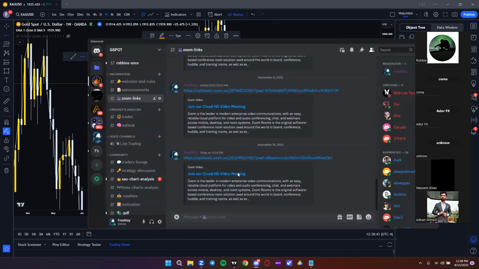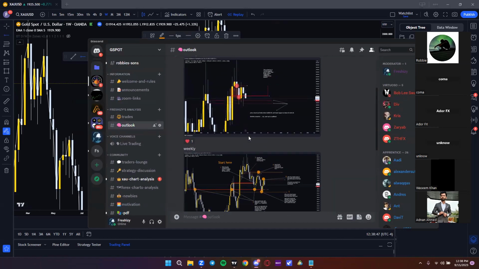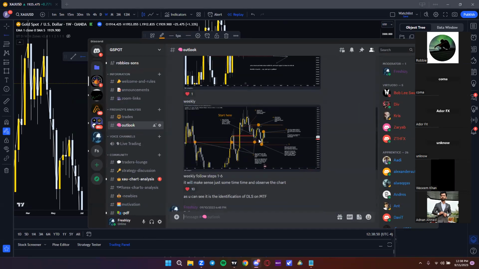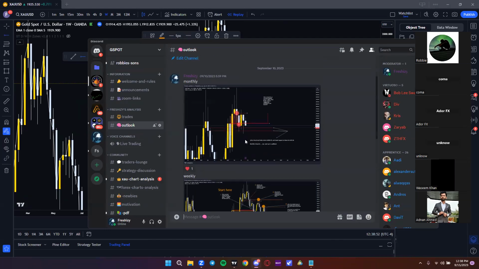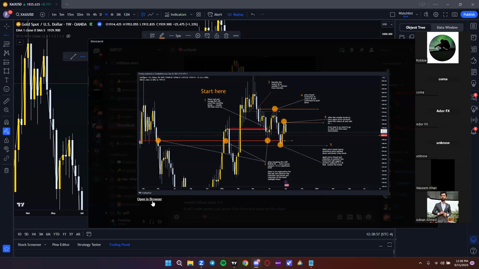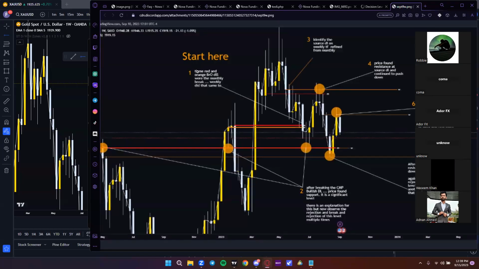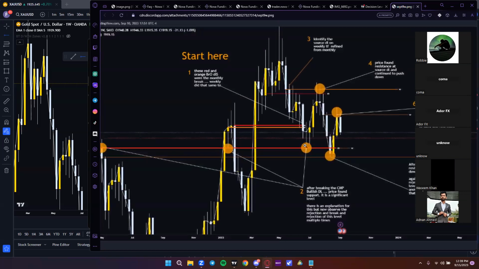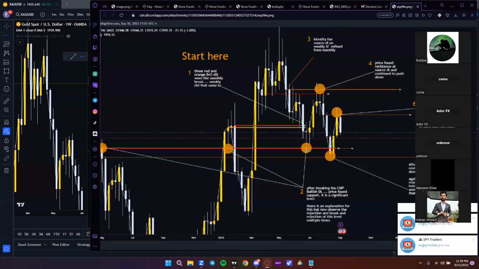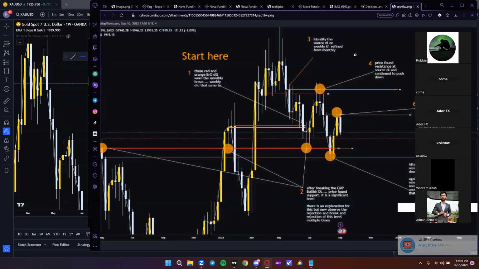And by the way, guys, on a side note, the way I did this outlook right here, I want you to replicate this to the best of your ability: identify the levels where you currently are, what it broke, what it rejected, where it went again, where it rejected, and where you could be headed, right?